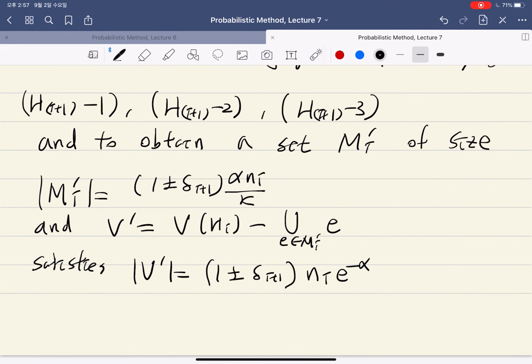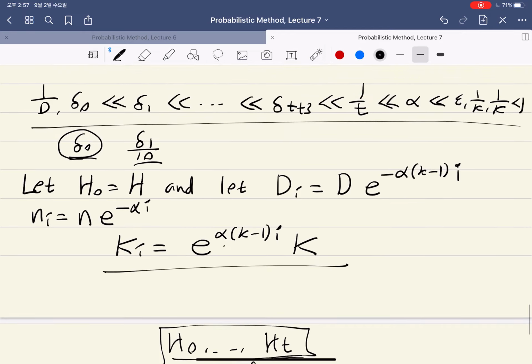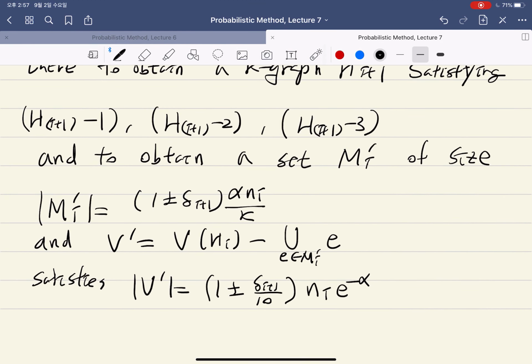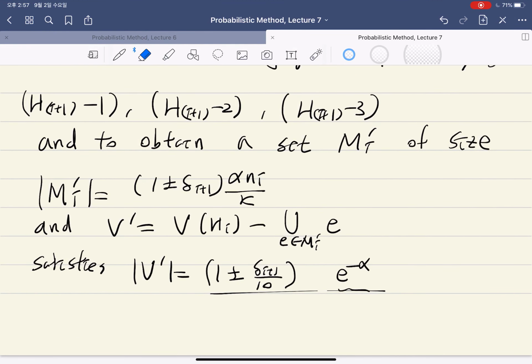Then here you get this is slightly better than delta i plus 1 over 10. So this is what we have. And what's Ni? Ni was this. And here you apply e to the minus alpha again. Let me write it this way. And previously it's this.